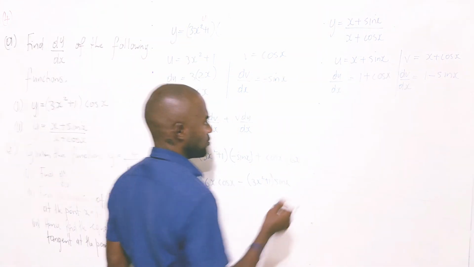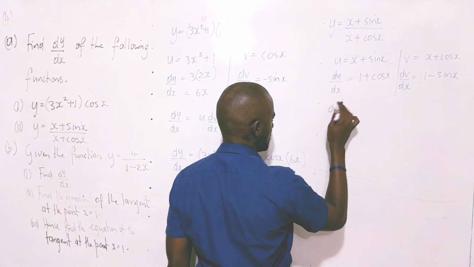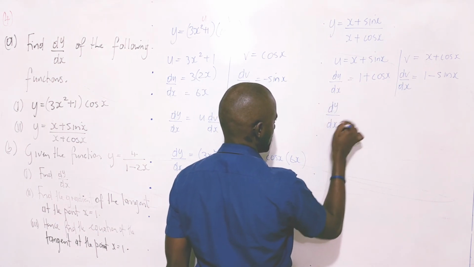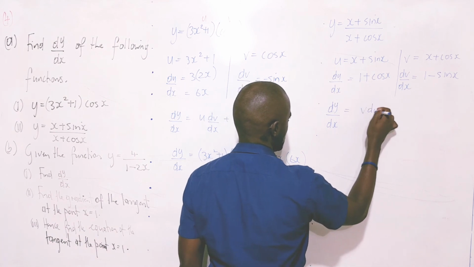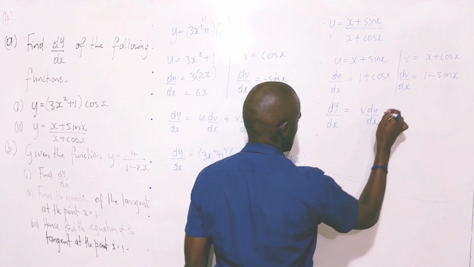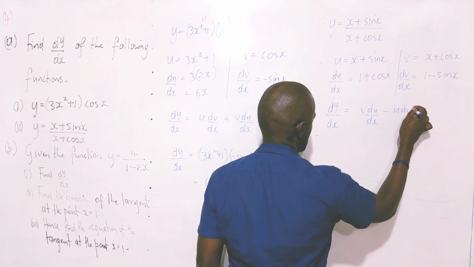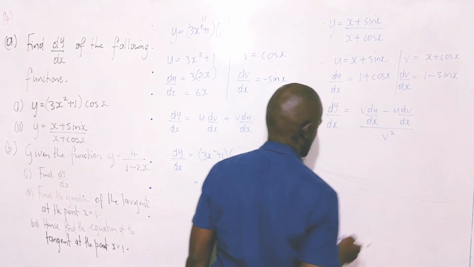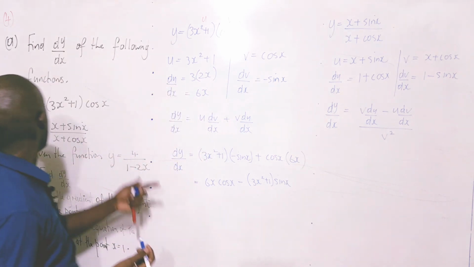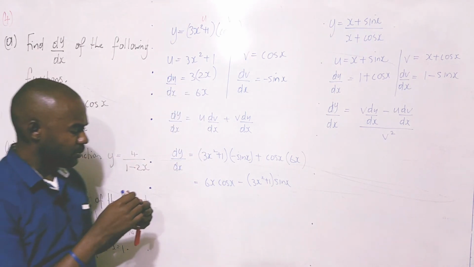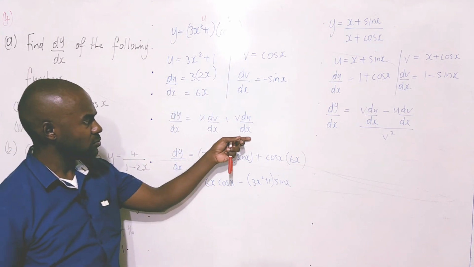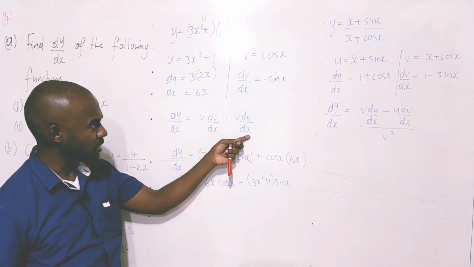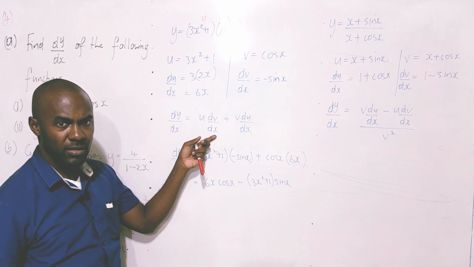Now according to the quotient rule, dy by dx is equal to v du by dx minus u dv by dx all over v squared. Now earlier in part 1, I mentioned that some people prefer to put the v du by dx term in front or first, and so they write v du by dx plus u dv by dx.